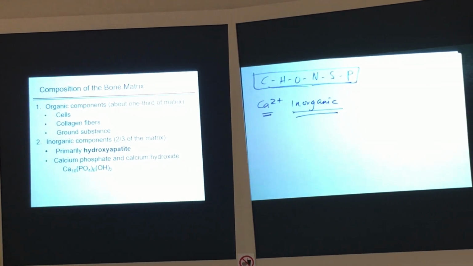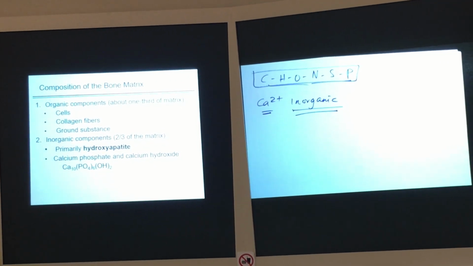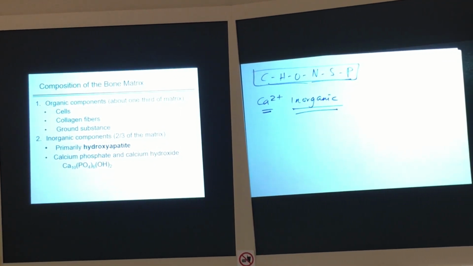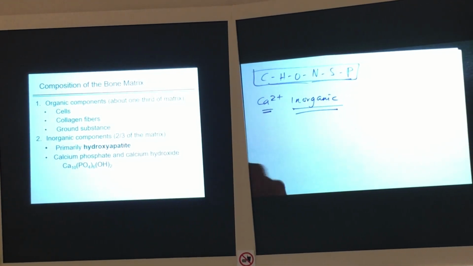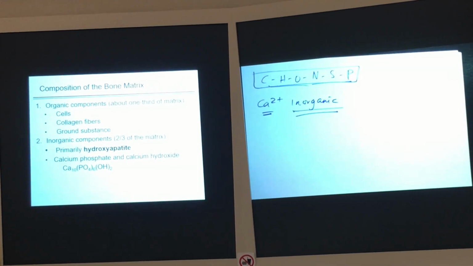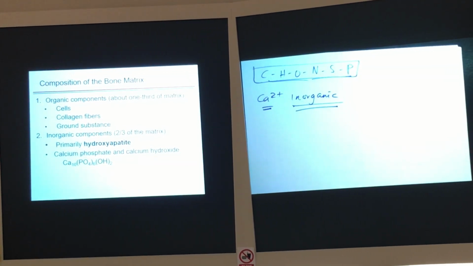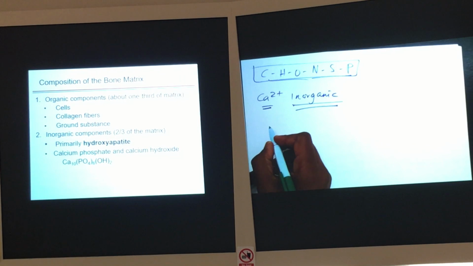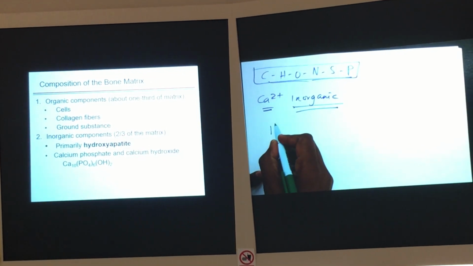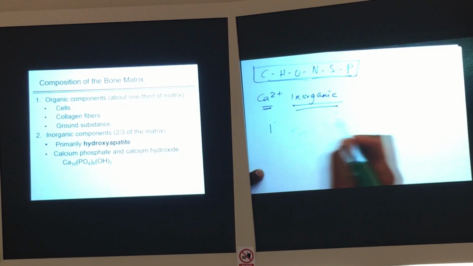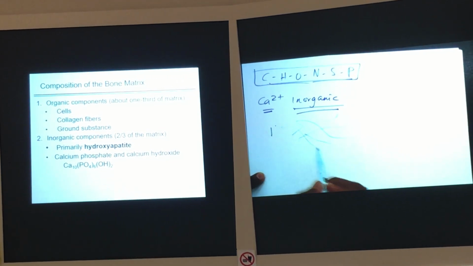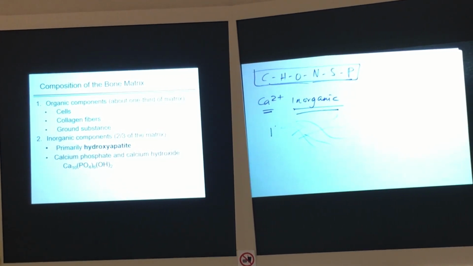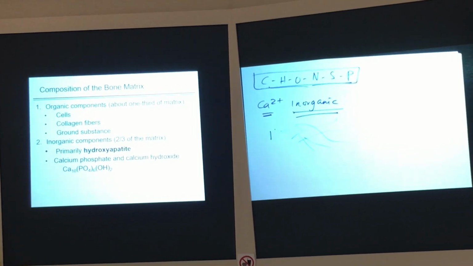Calcium phosphate, calcium hydroxide. What chemical do you find in the cartilage, if you remember? What is the name of the chemical called? In the cartilage, you find in the ground substance. Well, yeah, those are the fibers, but between the fibers, what is the chemical? Hyaluronic acid.